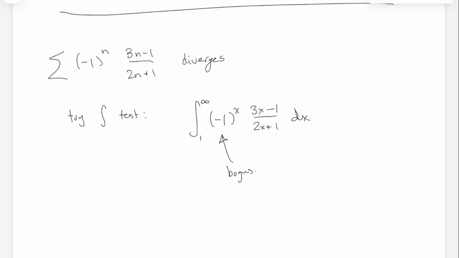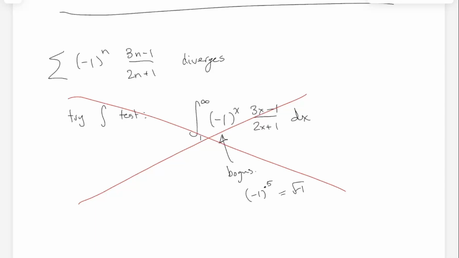For instance, minus 1 to the power 0.5 means the square root of minus 1, which is not a real number. So this is not a legitimate function of real numbers. You cannot do this integral, at least not without knowing how to do complex number integration. So this is not going to work for the integral test.